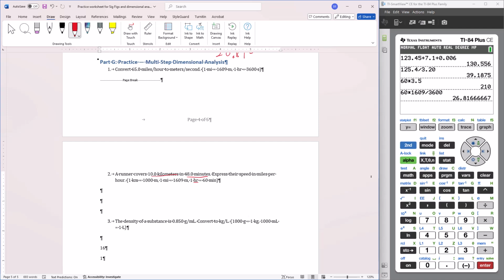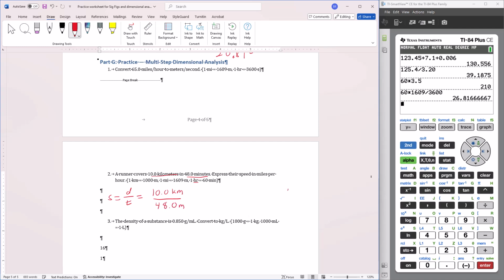Speed is defined as distance traveled divided by time. In this case, the distance traveled is 10.0 kilometers divided by 48.0 minutes, sorry about that.